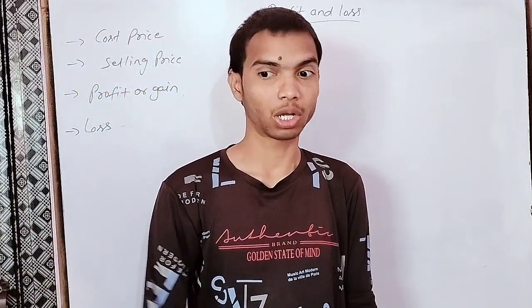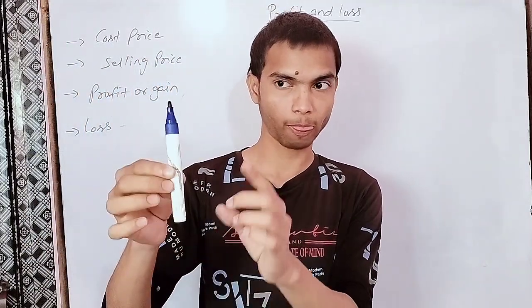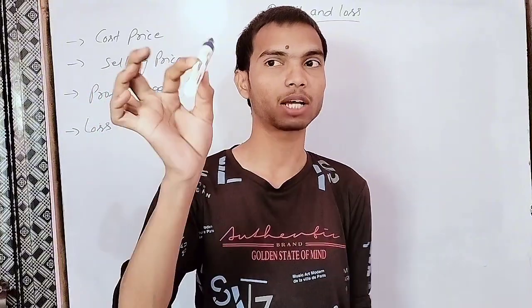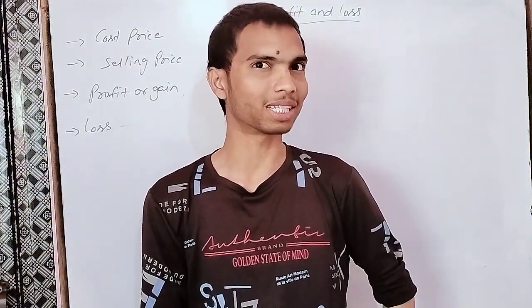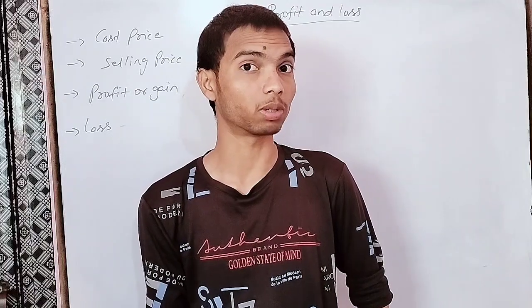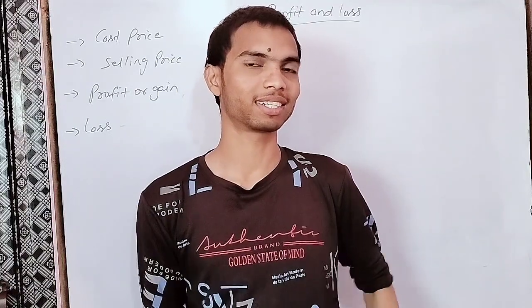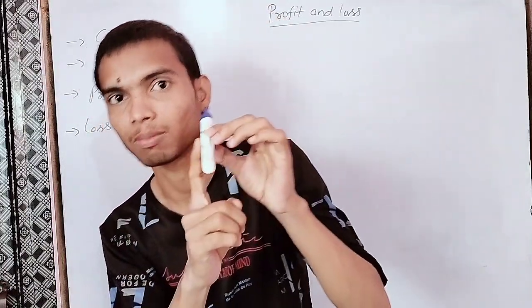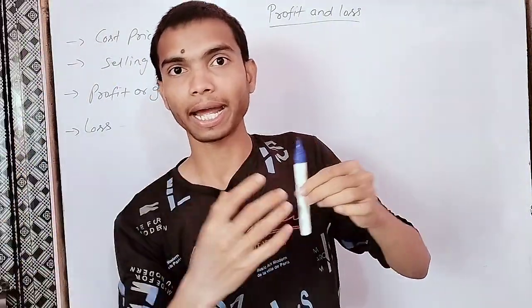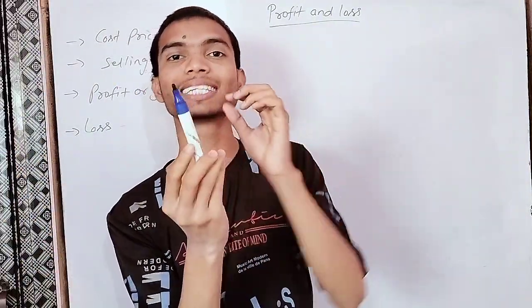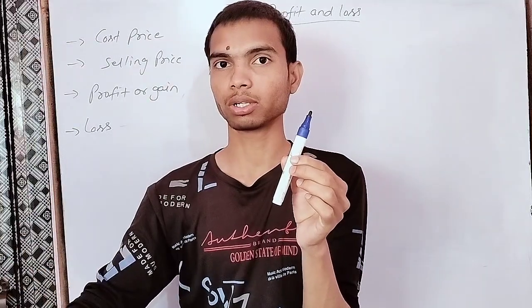What is the price of the blue marker which the shopkeeper is giving at 10 rupees? 10 is the price of this marker to sell. Someone is selling this marker at 10 rupees.